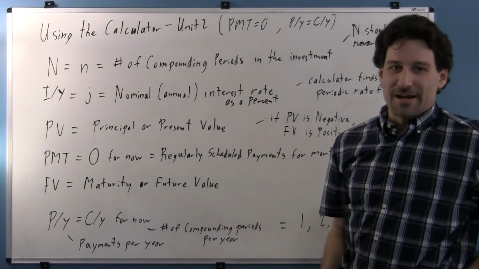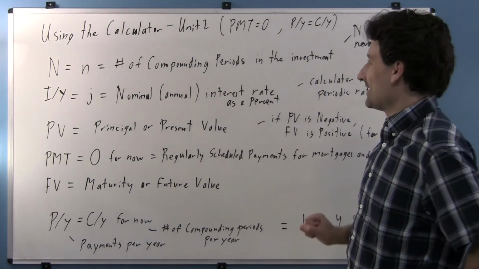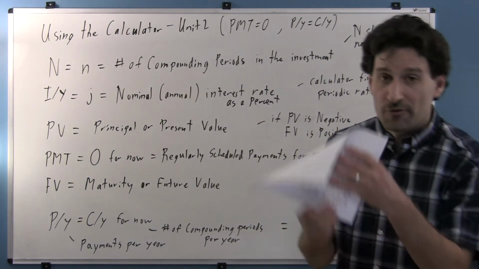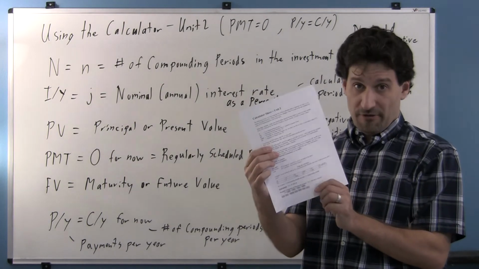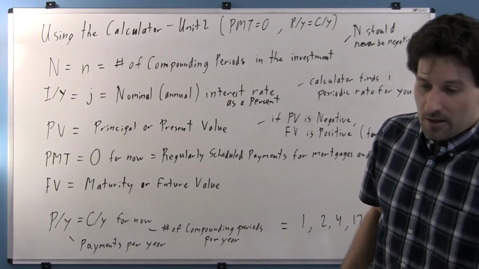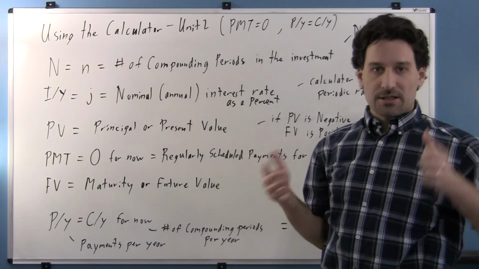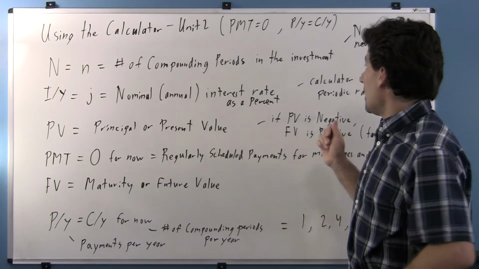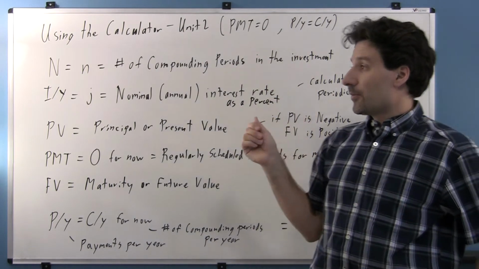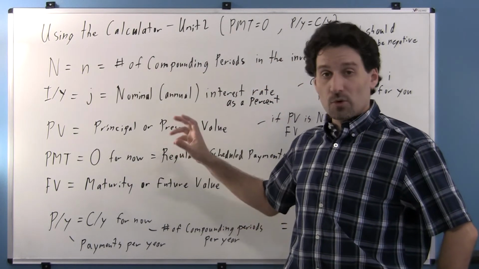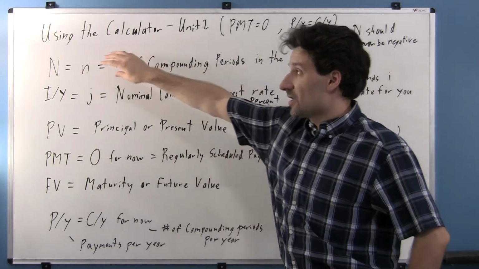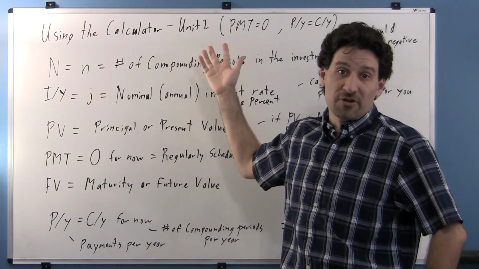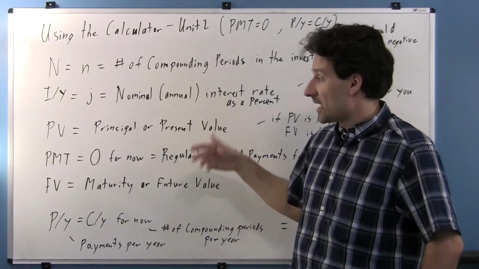Sorry, there's a lot of preamble. It'll make sense when we get on into all this. And definitely, you can review this calculator help sheet that I'll also have posted for you, which we'll go through and walk through one example, which I'll do with you in a moment here. But yes, n should never be a negative number. We'll tell the calculator some positive amount of time for the investment or number of compounding periods.